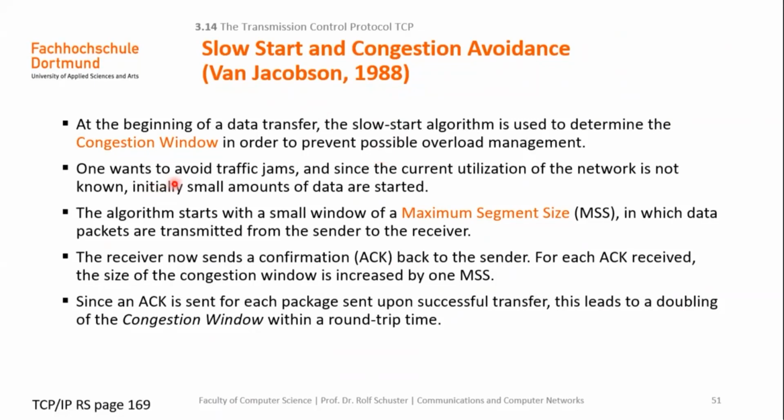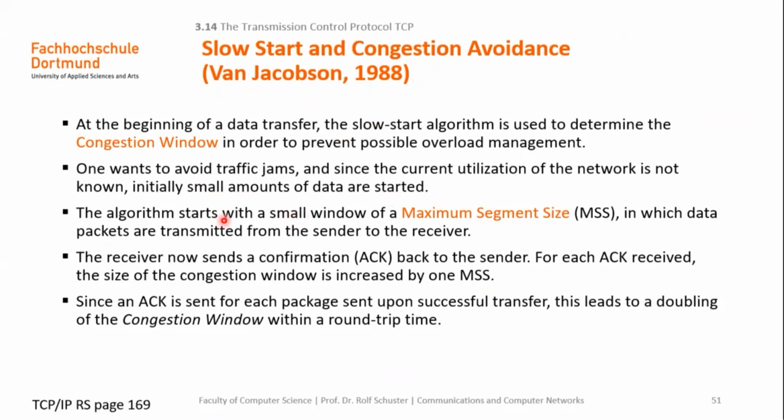One wants to avoid traffic jams, and since the current utilization of the network is not known, initially a small amount of data is sent. We start with a slow rate of transmission.